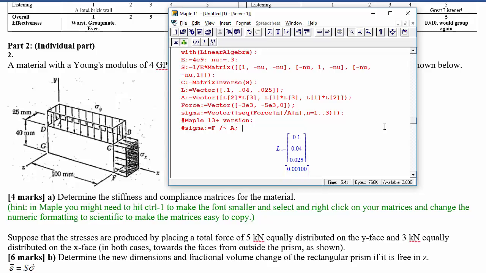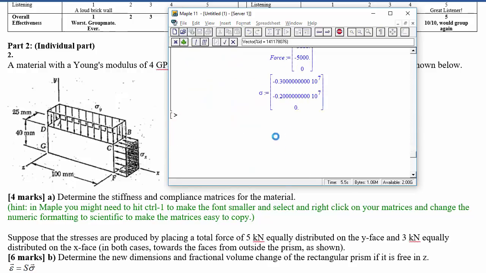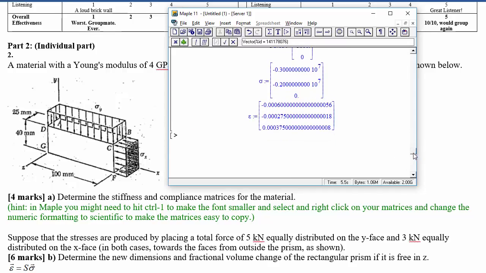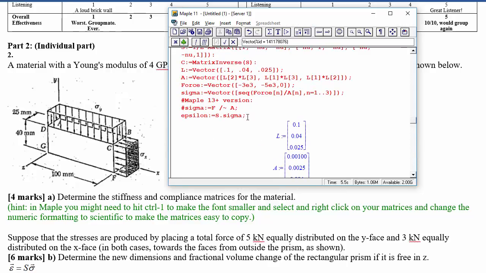Anyway, whatever version you use, you can figure out the stress vector. Then once you've got the stress vector, in order to get the strain, we're going to say that the strain comes from taking the compliance and multiplying by the stress. So there we have it. We've got our strain vector there, and the new lengths would be based on the original lengths times the strain plus 1.